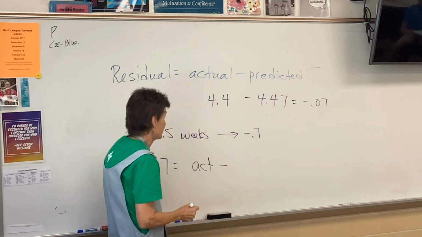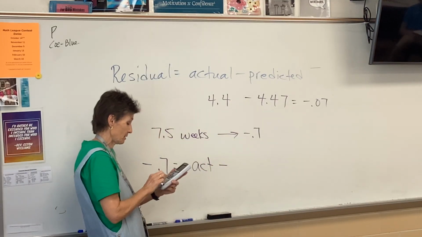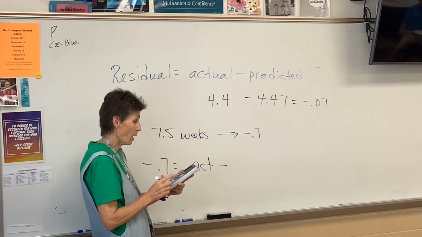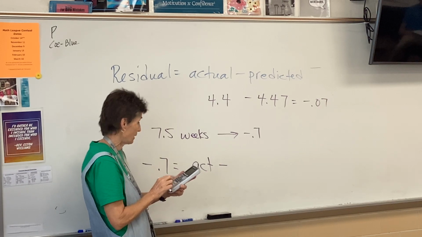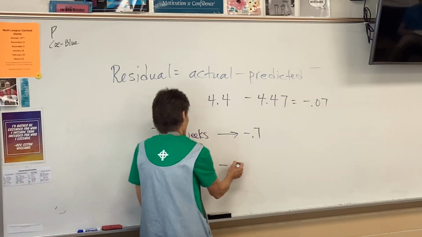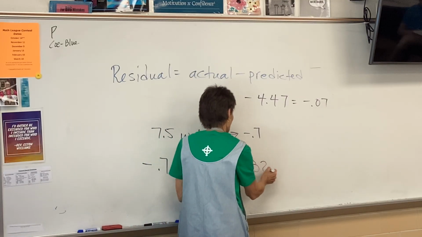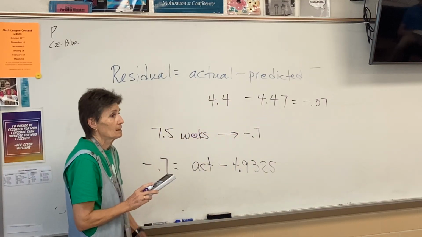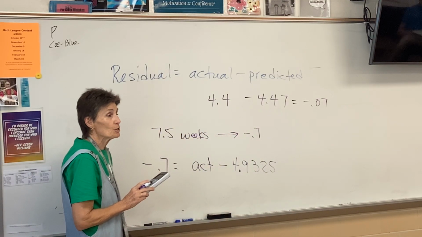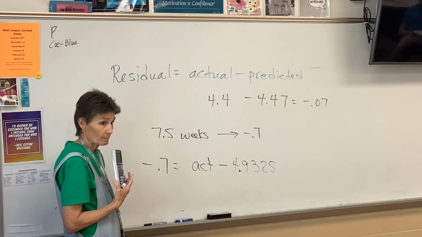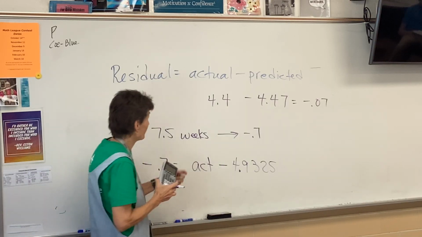What was the predicted weight of that baby? I need to type that in on my calculator. I like to do it with the y coordinate and just put in 7.5. 4.9325 was the predicted weight using the equation that we built yesterday. Right? Remember our equation?